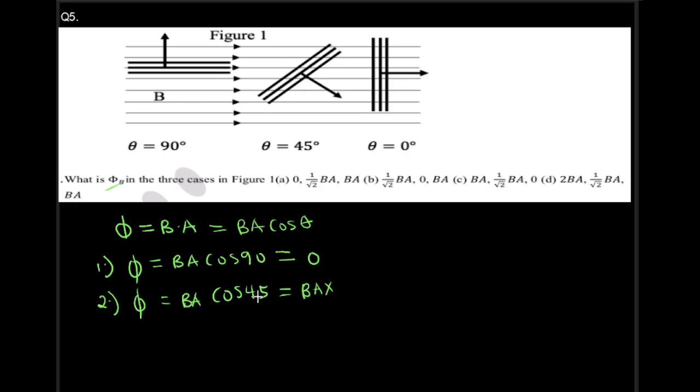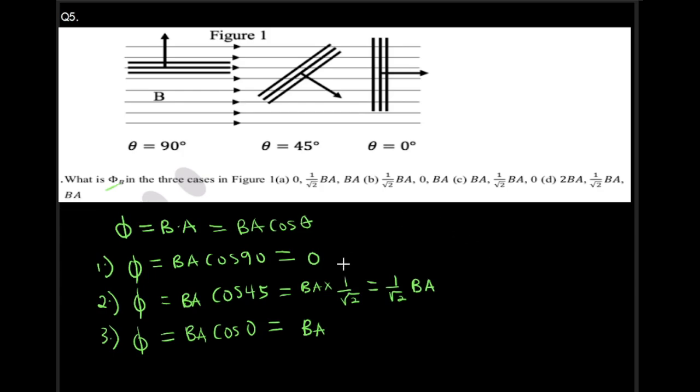So we're going to have BA times 1 over root 2, which is simply 1 over root 2 BA. And then number 3, for the third case, theta is 0 degrees. So we're going to have BA cos 0, and cos 0 is 1. So 1 times this will give us BA.